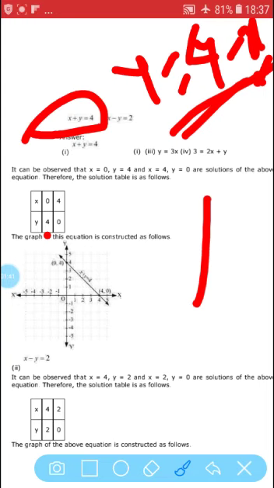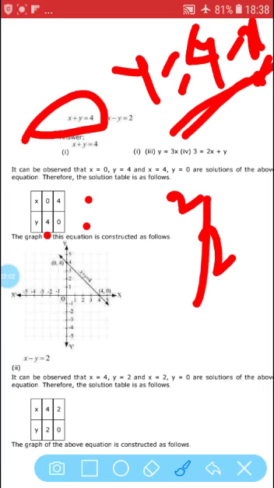If x is equal to 4, you will get 0. Some other value also you can take. If x is equal to 2, y is equal to 2. Try to take nearly 3 or 4 points, for the confirmation of our answer. Here we have taken 2 points.